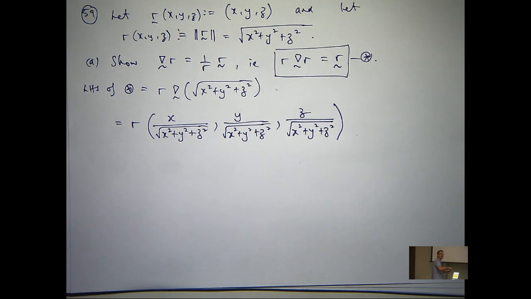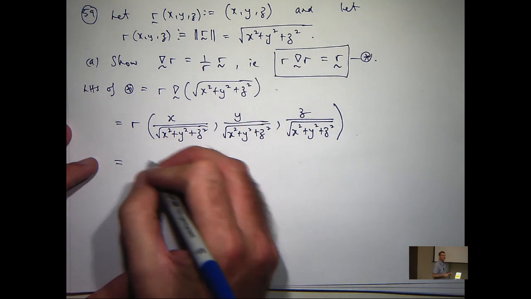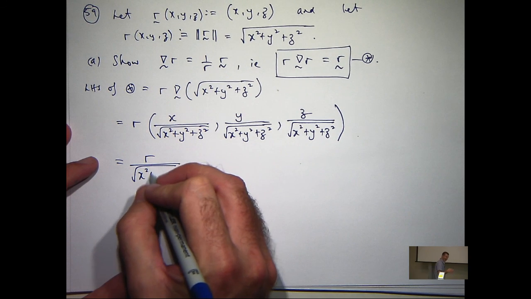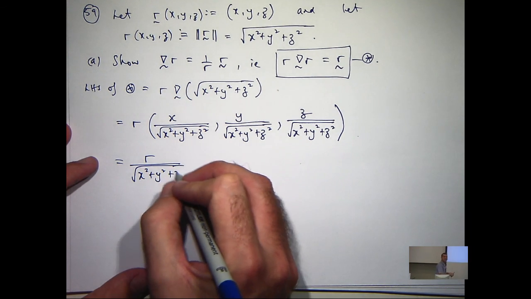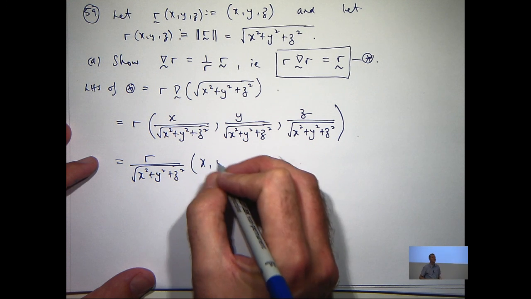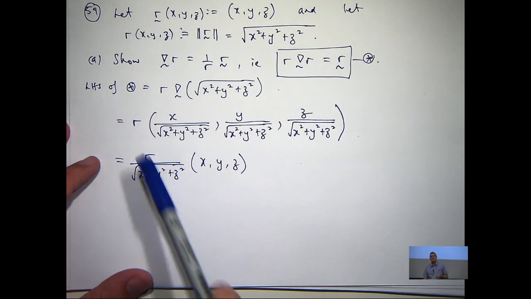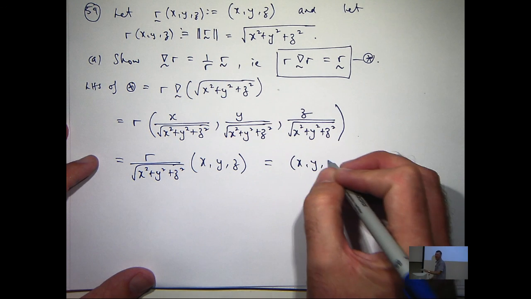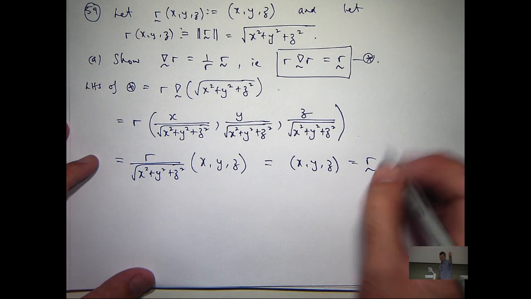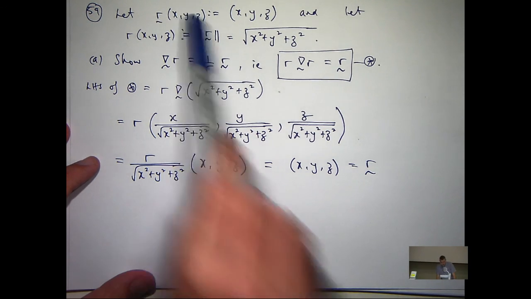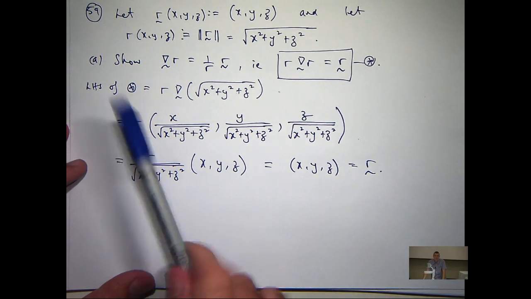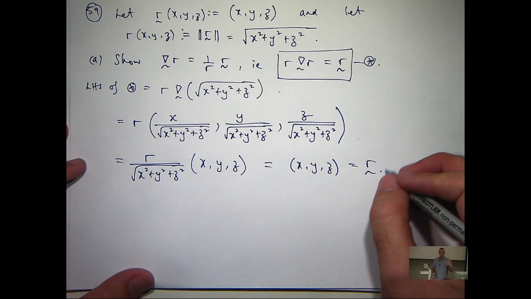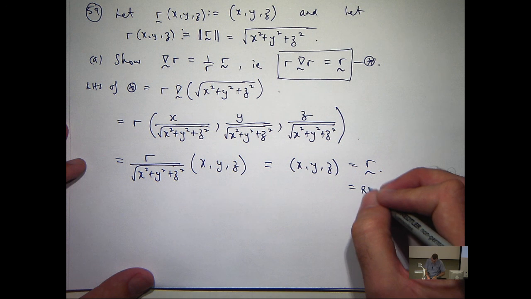So I can do this, and r's this, so I can cancel out. So I get x, y, z, and what's that? Oh, that's just my definition of the vector function r. So the left-hand side is this. I've got it down to that, and that is the right-hand side.